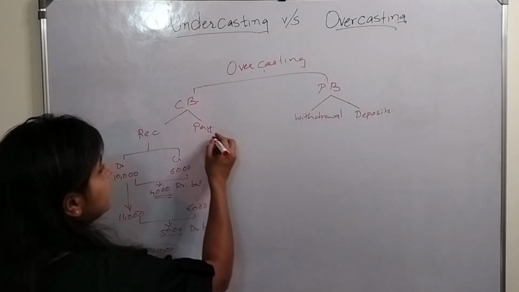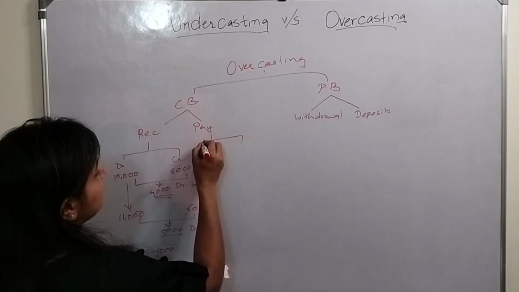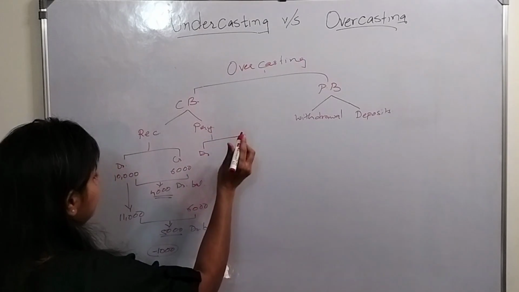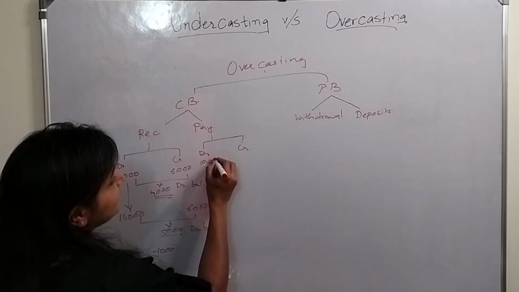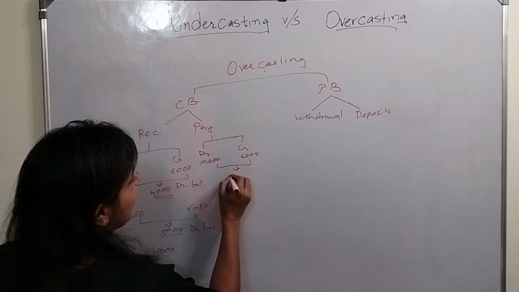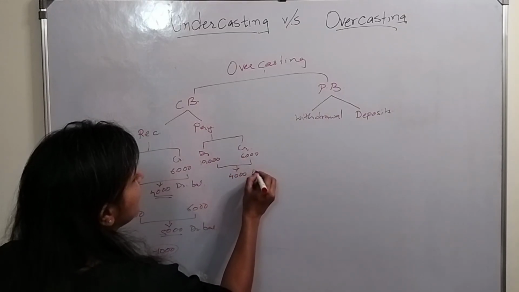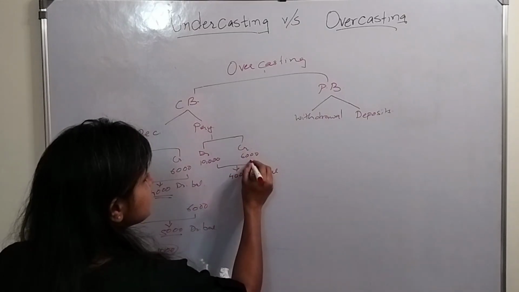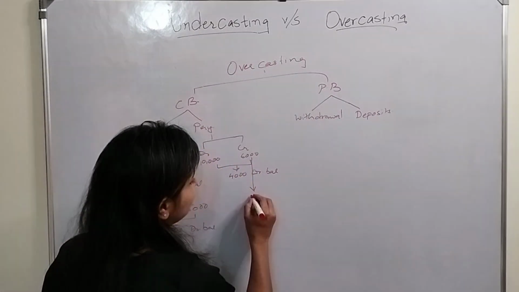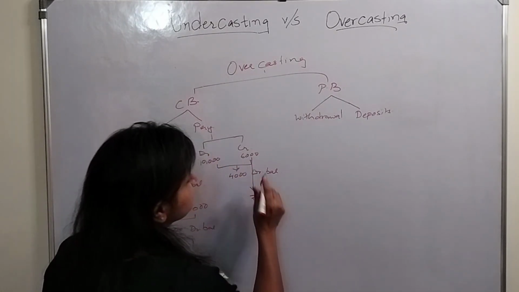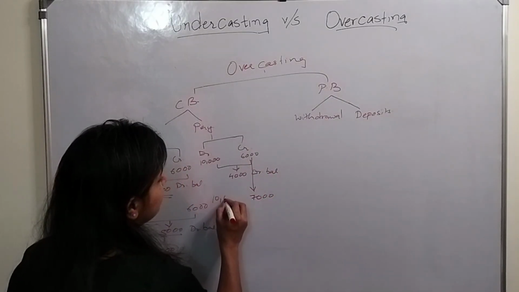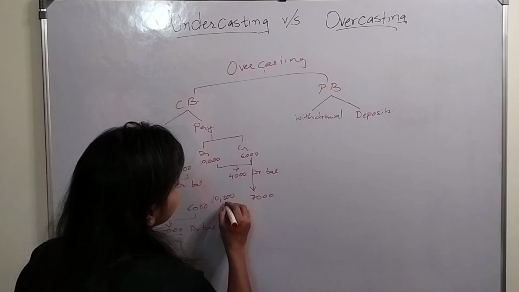Now let's say on the payment side, which is the credit side. My debit side is 10,000 and my credit side is 6,000. Same thing, it should actually show a debit balance of 4,000, but instead of 6,000 I have overcasted and calculated 7,000 on the credit side. This is the error committed by me.